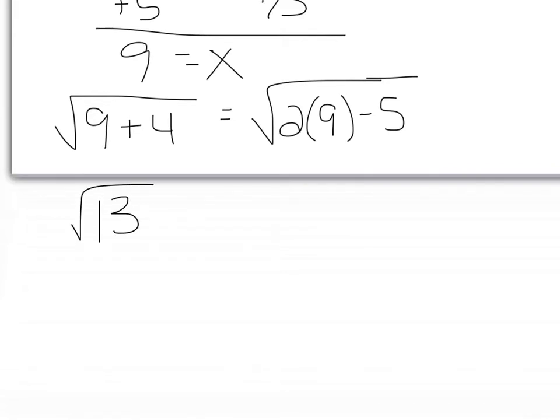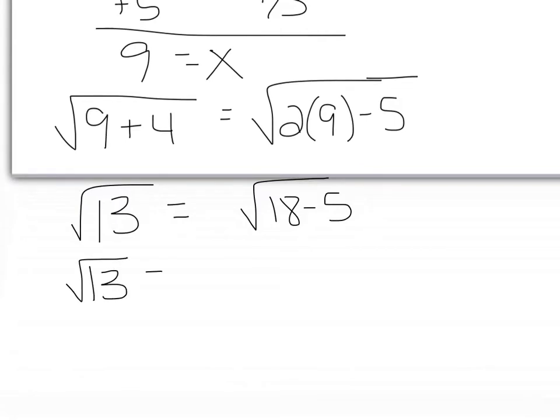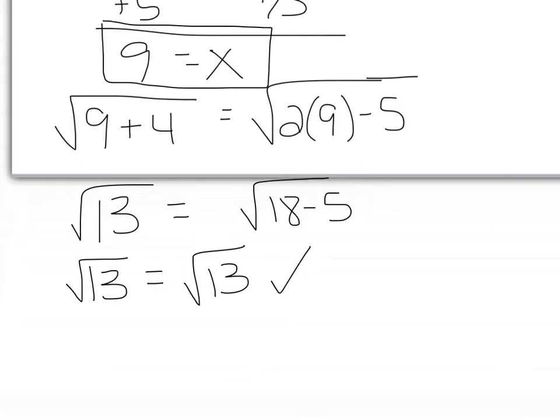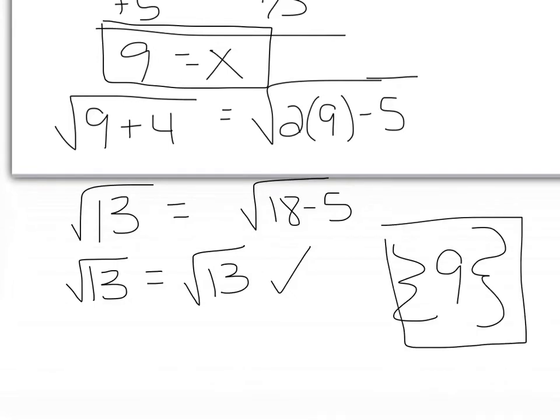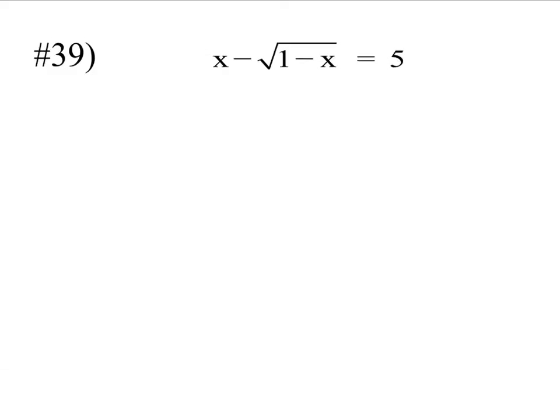Square root of 13 equals 2 times 9 is 18, so we have the square root of 13 is equal to 18 minus 5 is 13. Is the square root of 13 equal to the square root of 13? It sure is. So therefore x equals 9 is a good answer, and our only answer. Let's go ahead and move on to the next one.